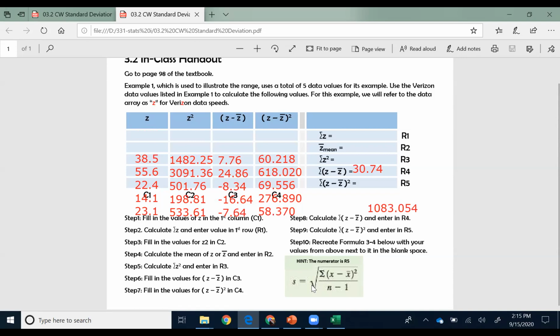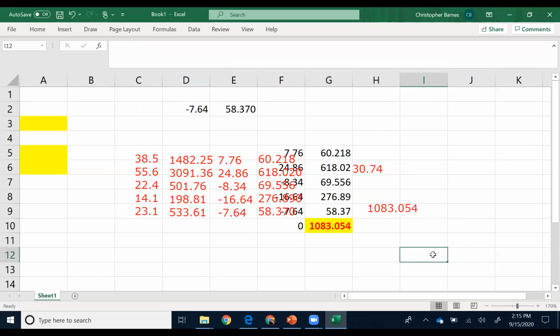So we'll take the square root of 1083.054, and we're going to divide it by n minus 1. Now we have n, there are 5 data points in our data. So 5 minus 1 equals 4. So we're going to divide 1083.054 by 4, and then we're going to get the square root of that.